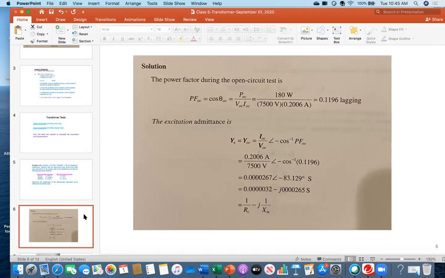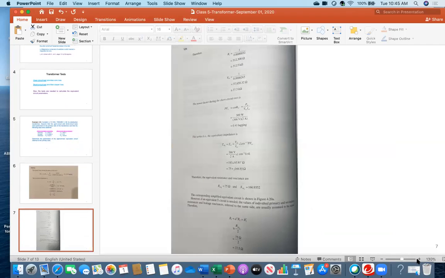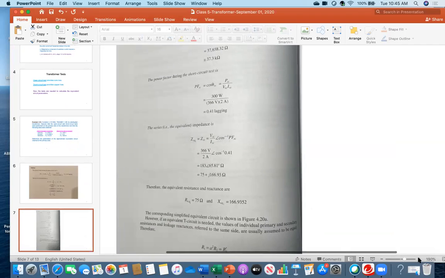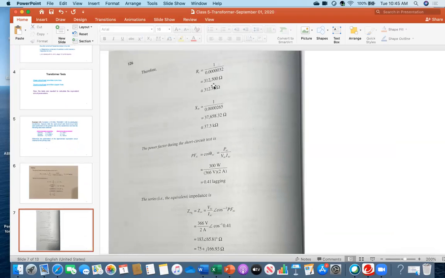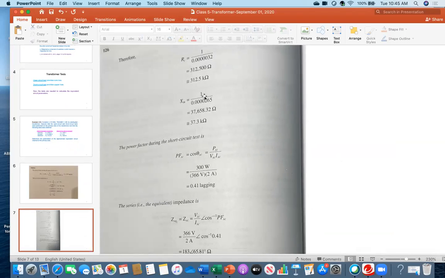So then you easily get RC as 1 over that number. I got 312.5 kilo ohm. And XM is 1 over that number, 37.3.